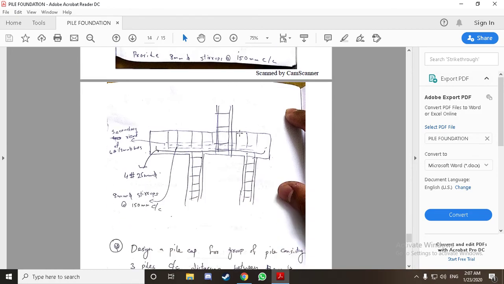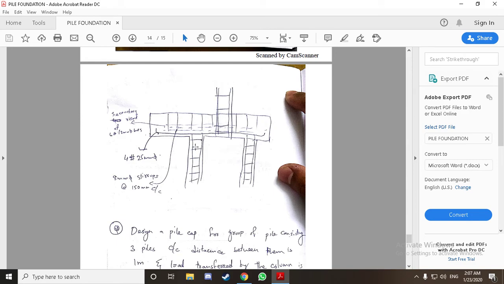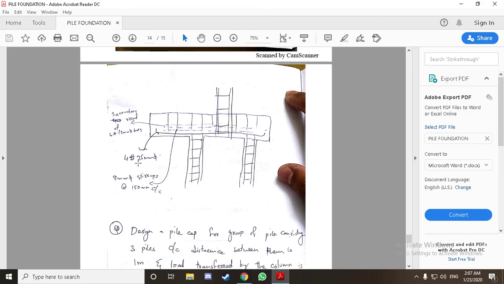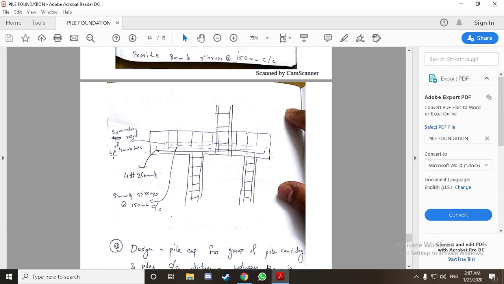This is a rough diagram of the pile cap. These are piles and this is our column, and this is the secondary reinforcement here, and as you can see, these vertical lines are our stirrups, 8 mm diameter stirrups at 150 mm center to center. In the main pile cap reinforcement we have provided 4 bars of 25 mm diameter, and for secondary reinforcement this calculation is generally not done, but we simply provide 6 bars of 12 mm.